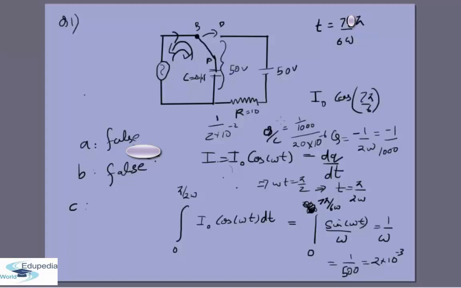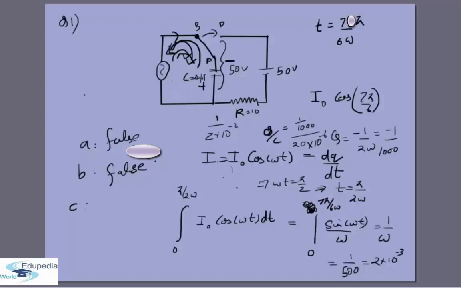Now some students might make a mistake here. This is 50, this is 50, so the current is 0. But actually, for the first half of the time period, it was going like this, then it was going like this. So actually the positive terminal will be this and the negative terminal will be this. So the potential difference across this is not 0, it's actually 100 volts. So the current will be 10 ampere.